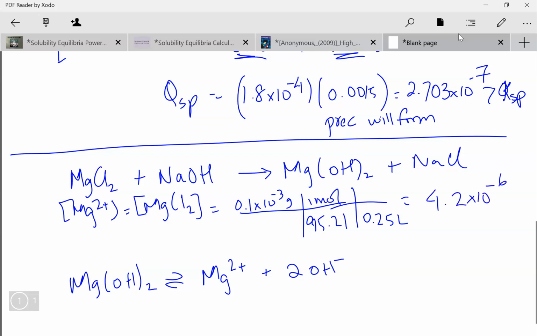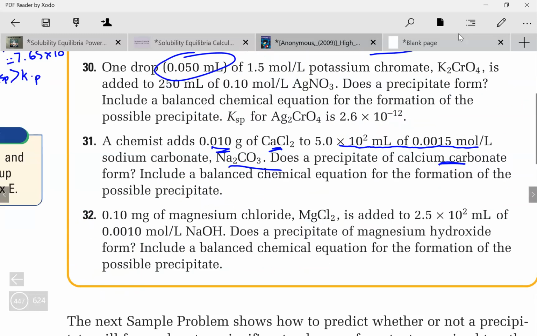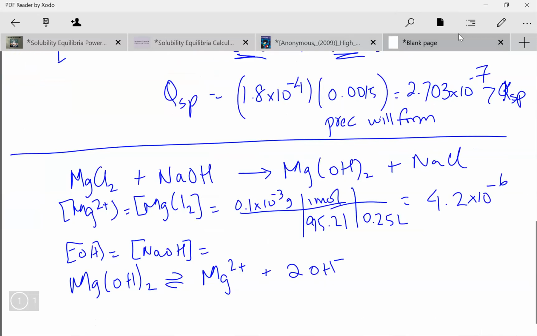The concentration of hydroxide ions is equal to the concentration of sodium hydroxide, which is equal to 0.001. So again, magnesium is 4.2 times 10 to the power negative 6, and hydroxide is 0.001.